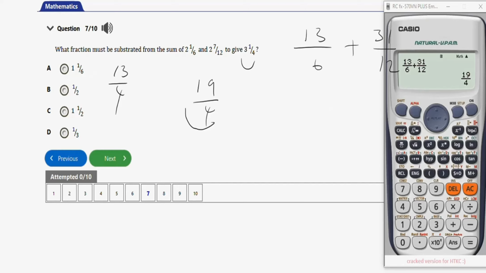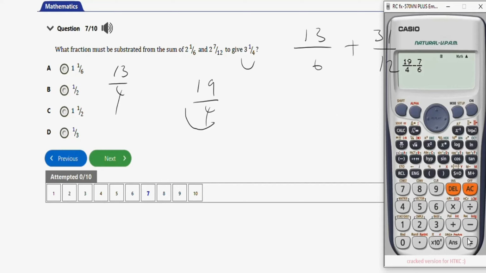So right now, let's check 19 over 4, minus 7 over 6 for option A, improper fraction.